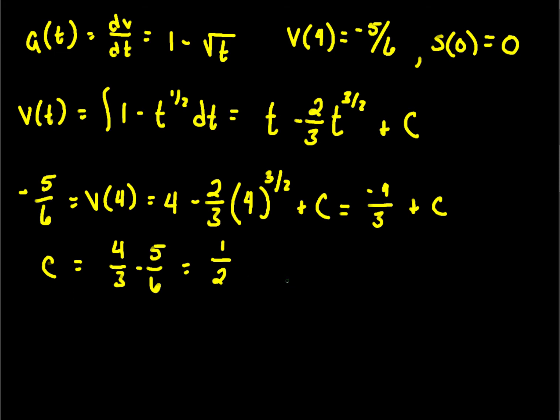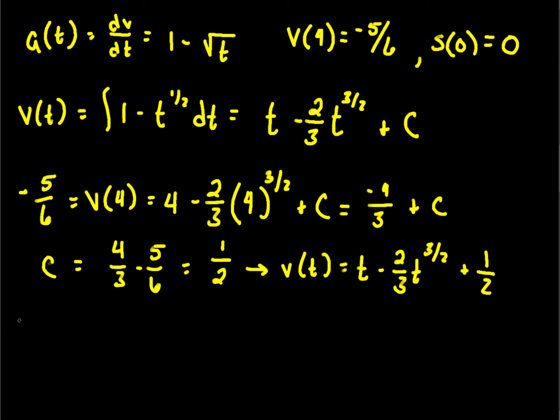So that's our constant for velocity. So we can say that our velocity function is t minus 2/3 t to the 3/2 plus 1/2.